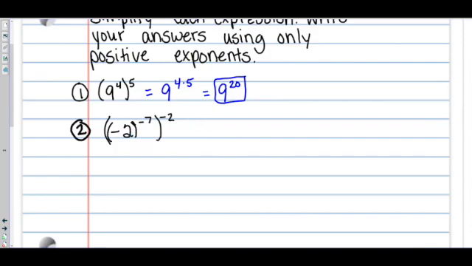So this just means that your base is -2. And then you have a power to a power, so we're going to multiply the powers. So you have -7 times -2. Our base stays the same, right here is parentheses, okay? And -7 times -2 is +14. So this is our answer.